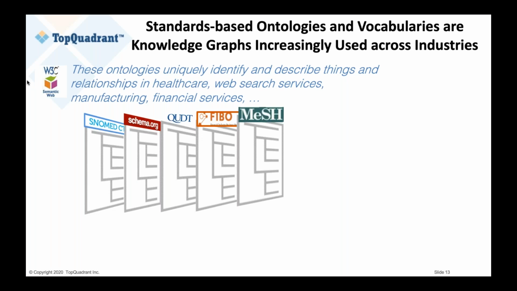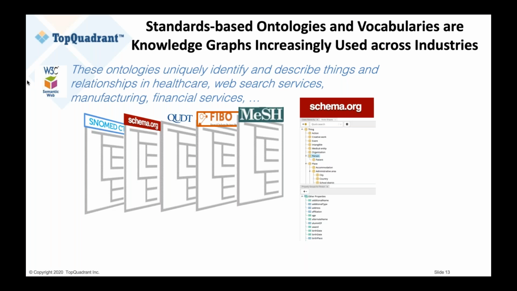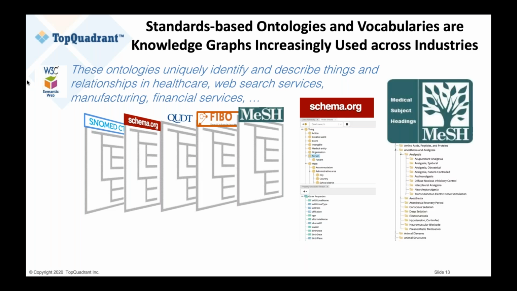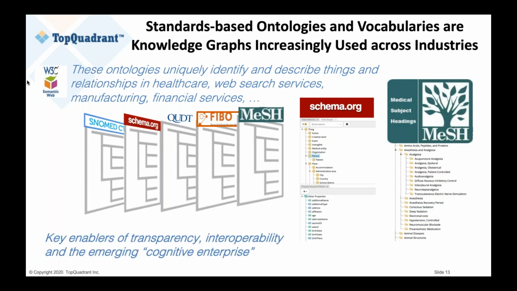So it has all sorts of classes that we're actually reusing, about the types of things that people may be talking about on web pages, such as people, places, etc. And that's what we're using here. This is an example of MeSH, Medical Subject Headings, from, as I said, the healthcare, life sciences domain.